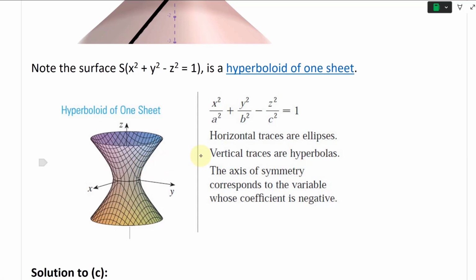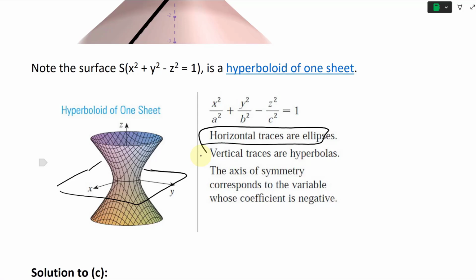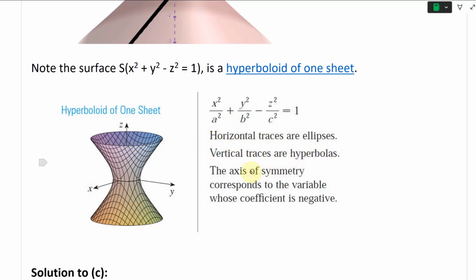Horizontal traces, though, are ellipses. If you cut it like this, you're going to get an ellipse, but a circle is again a type of ellipse, a symmetric ellipse. So ellipse or circle, depending on the type. Vertical traces are hyperbolas, and the axis of symmetry corresponds to the variable whose coefficient is negative. In this case, we have negative z, so the z axis is the axis of symmetry.